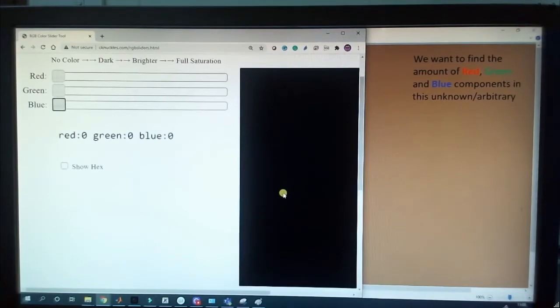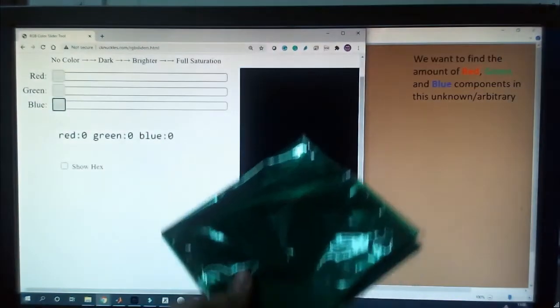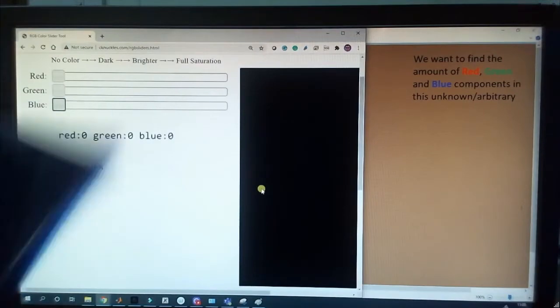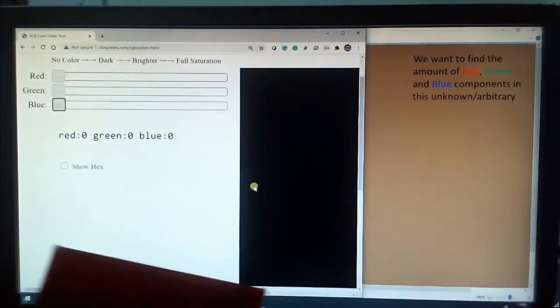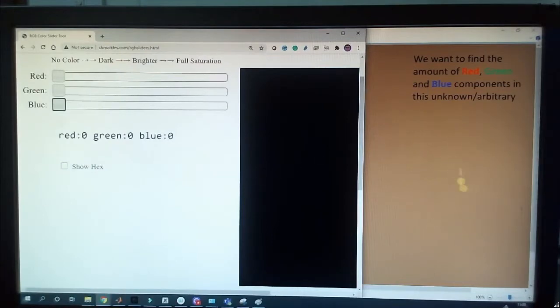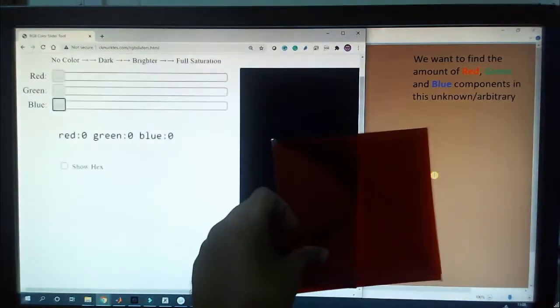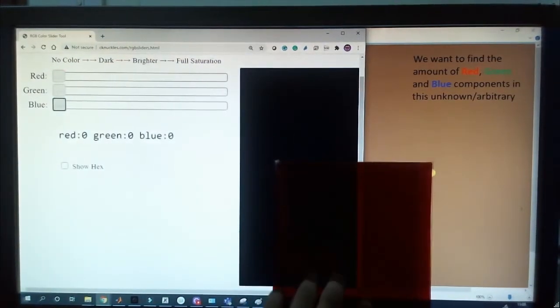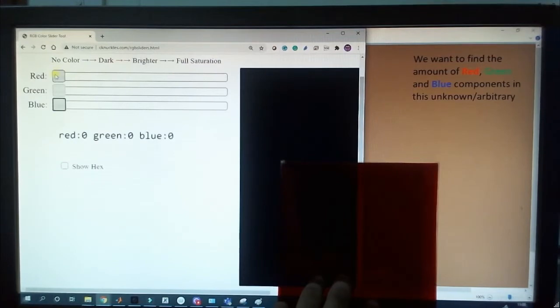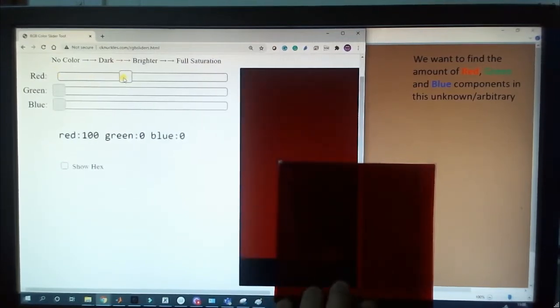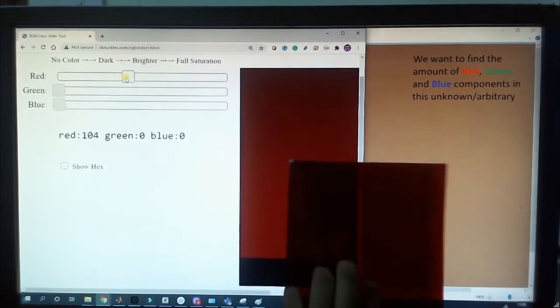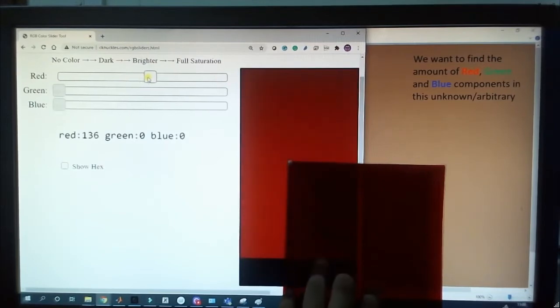And similarly, the green filter allows only green and the blue filter allows only blue to pass. Now to determine the amount of red in this unknown color, I shall hold this filter on top of this like this and adjust the amount of red until I see both these two parts having equal brightness.